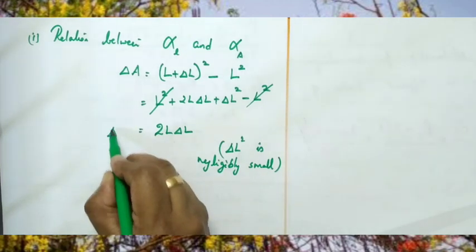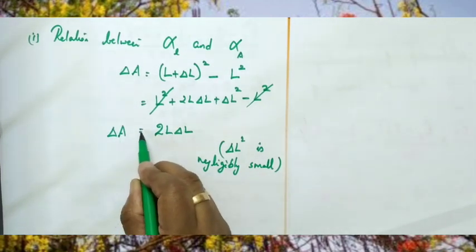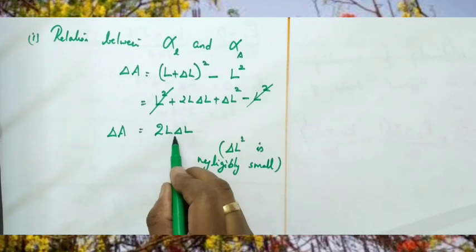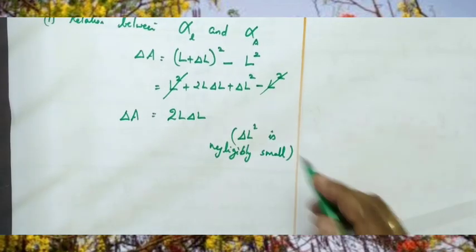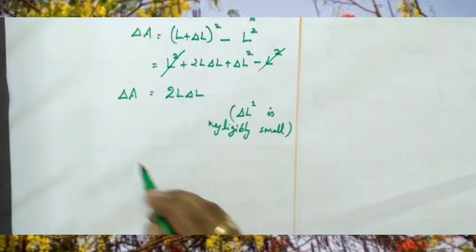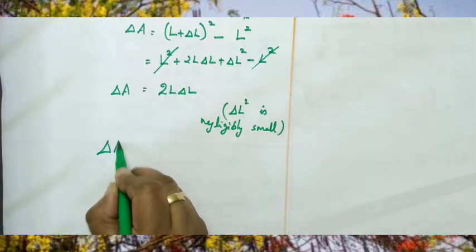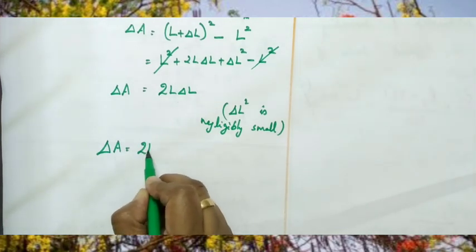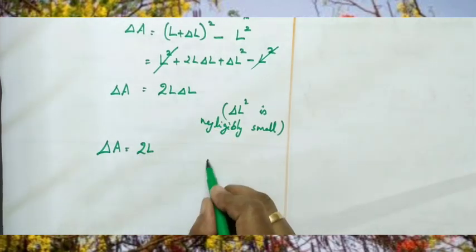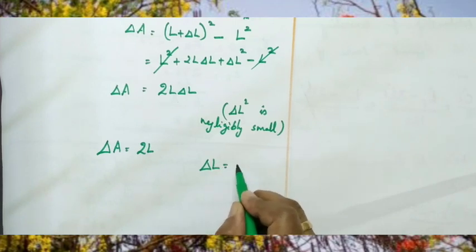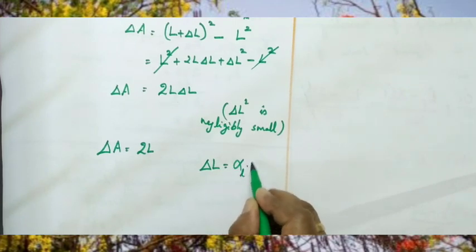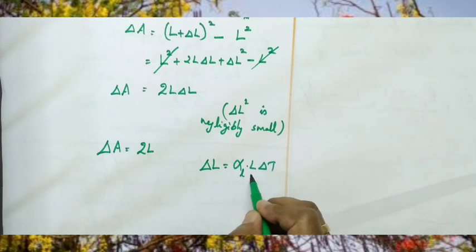So, what is the increase in area now? Increase in area delta A equals 2L into delta L, since delta L square is neglected. What is this delta L? We know that increase in length delta L is equal to alpha L into L delta T. Okay children.